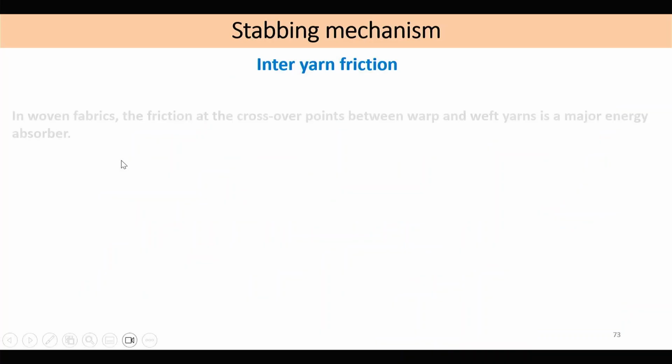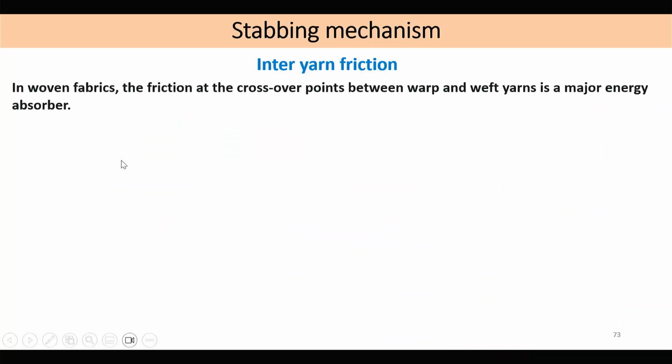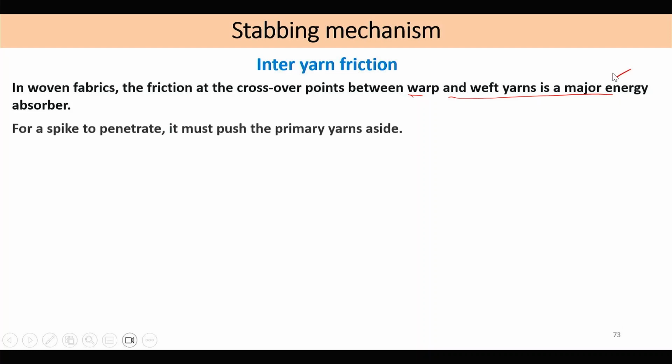So, inter-yarn friction we can increase in woven fabrics. The friction at the crossover points between the warp threads and weft yarns is a major energy absorber. If we can increase the crossover points, then that will absorb energy.